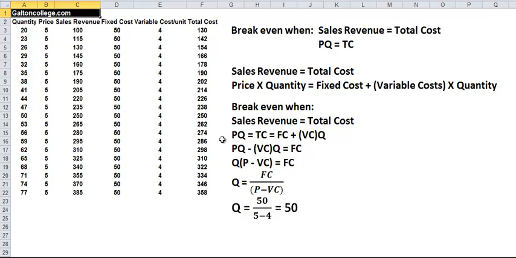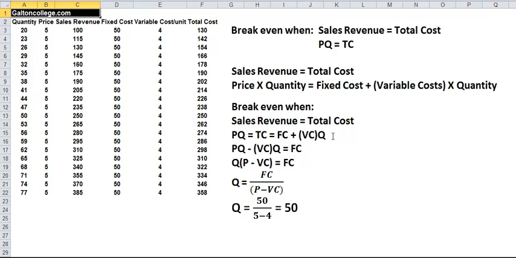Now, we've got a Q, a quantity, on each side of this equation. You've got PQ is equal to fixed cost plus variable cost per unit times the quantity. So quantity on both sides, so we can collect those. We can take this one here, variable cost times quantity, and move it to the left.